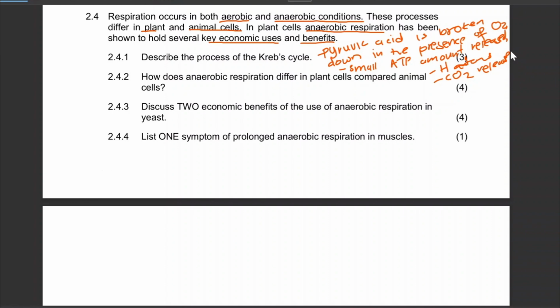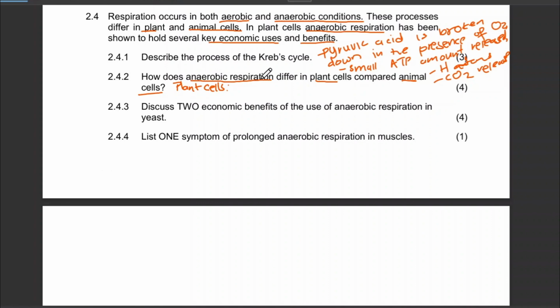How does anaerobic respiration differ in plant cells compared to animal cells? This is very important. Remember, anaerobic respiration is respiration taking place in the absence of oxygen.